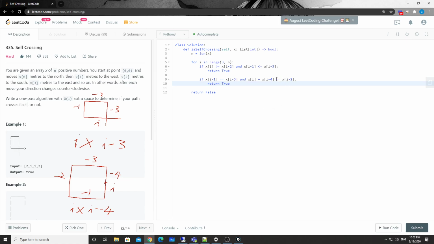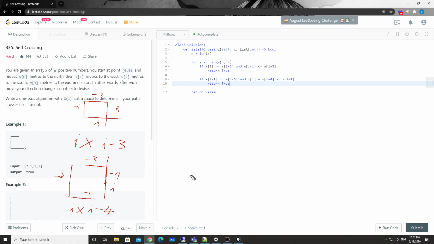Maybe we should use greater or equal to. Basically, as long as this I can reach the last point of the I minus 4, it can be longer, right? This I can go all the way up here, but it still doesn't really matter. It's still crossing with the I minus 4.